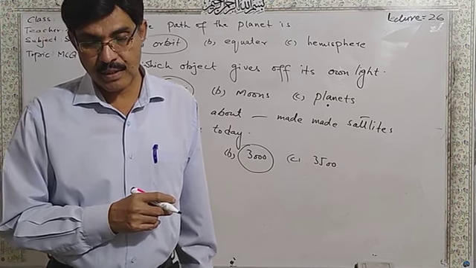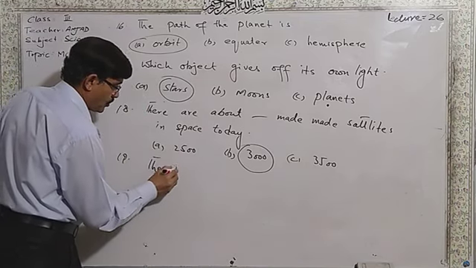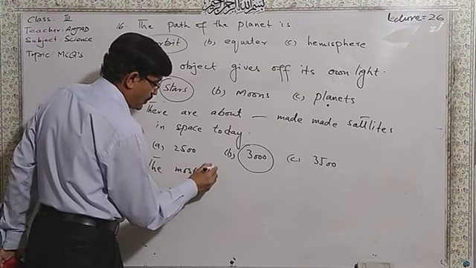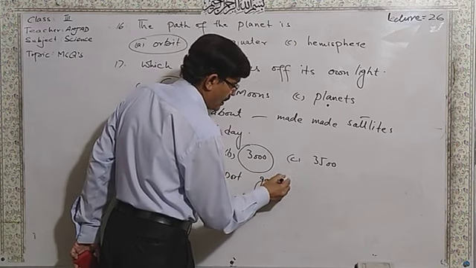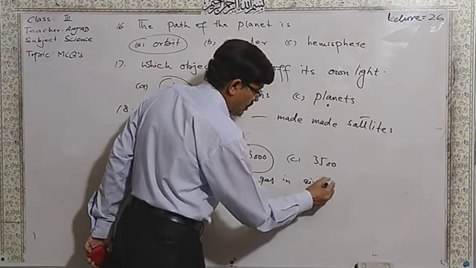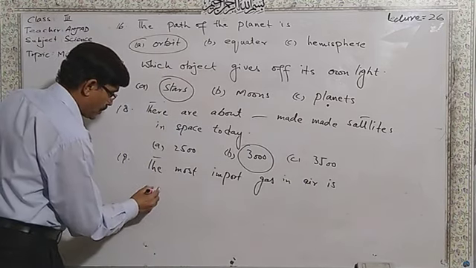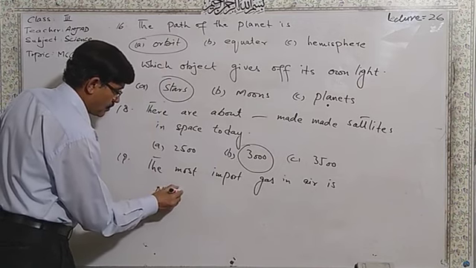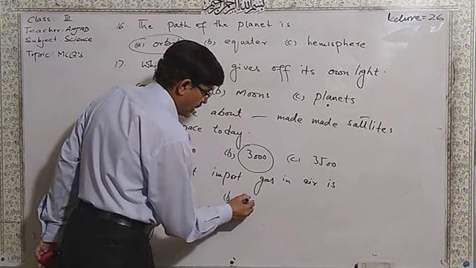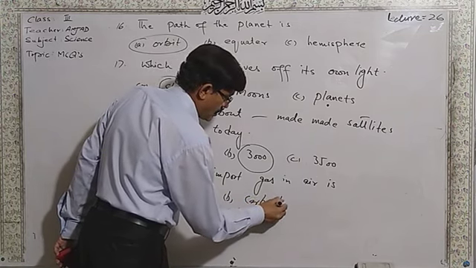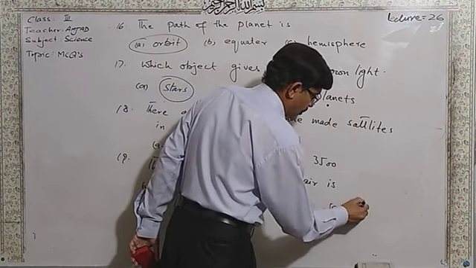The most important gas in air is: A, nitrogen; B, carbon dioxide; and the last one, C, oxygen.